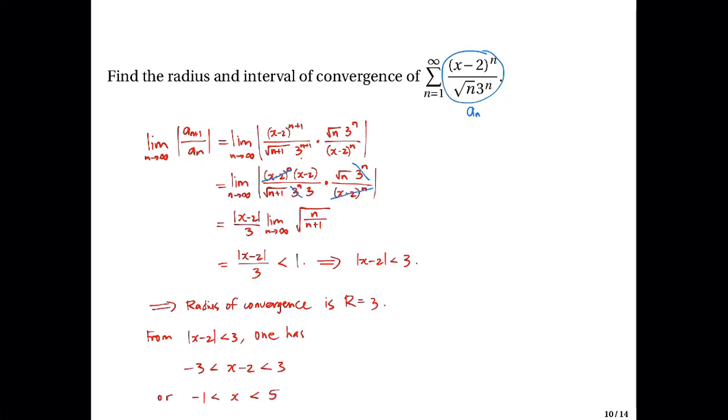So definitely the series is absolutely convergent inside the interval, in this interval without the negative 1 and positive 5. We will now verify if the series is convergent at these endpoints.